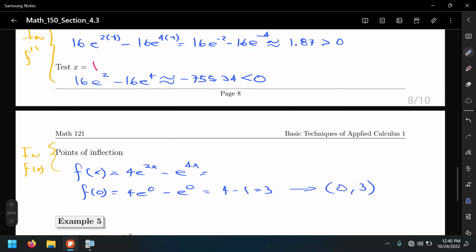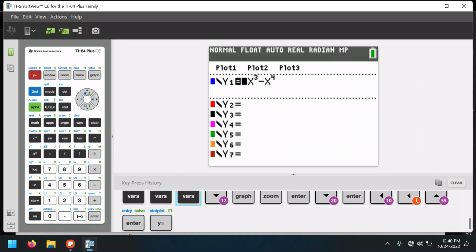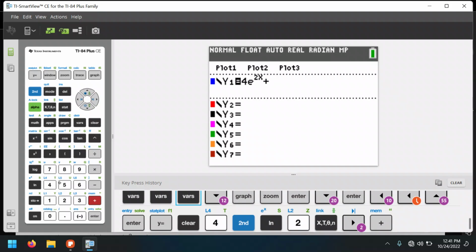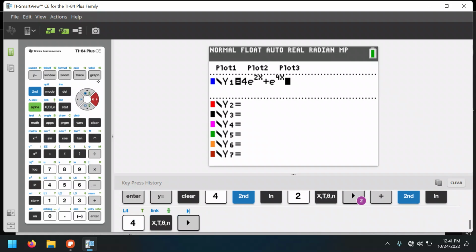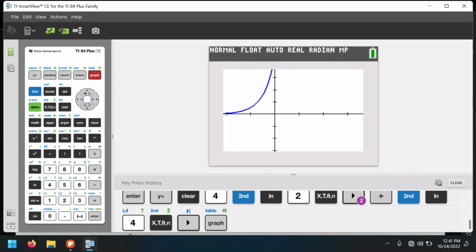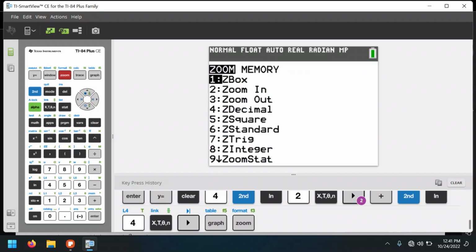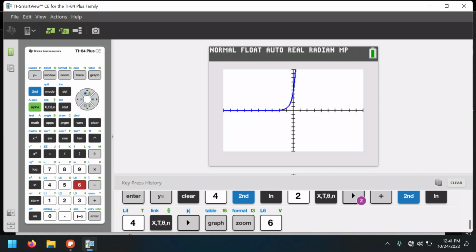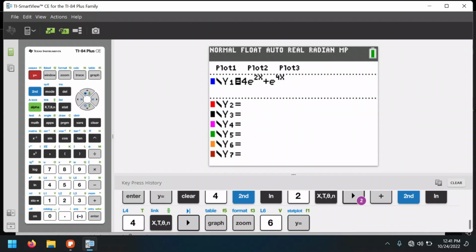Let's verify the results looking at the graph of the function. Alright, so that's 4 e to the 2x plus e to the 4x. Let's look at the graph of this function. And I need the whole graph. Zoom standard 6. What happened here?